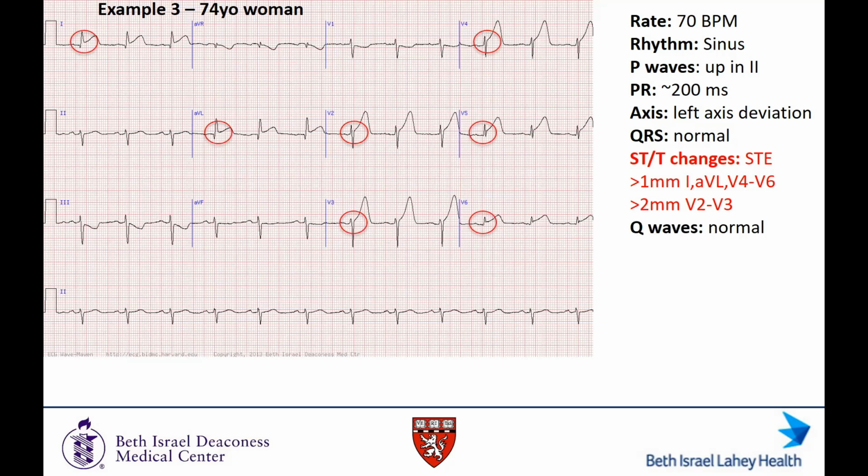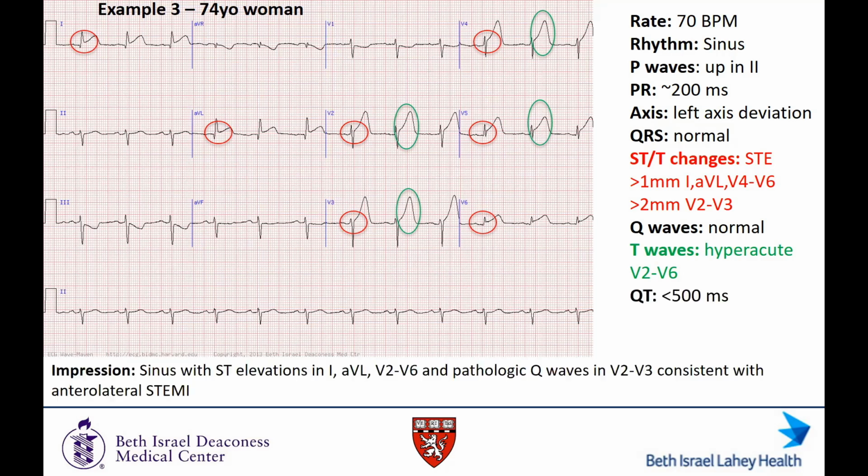No Q waves in this example. And hopefully you picked up on this. These T waves are quite big, broad, and asymmetric and seen throughout most of the precordium. So it's a scary sign. This would be called as ST and T wave changes consistent with an anterolateral STEMI.